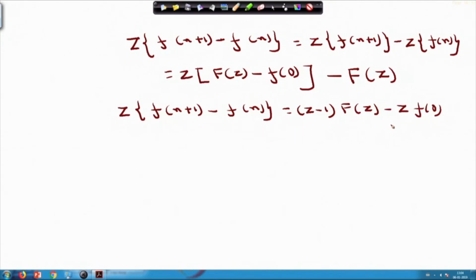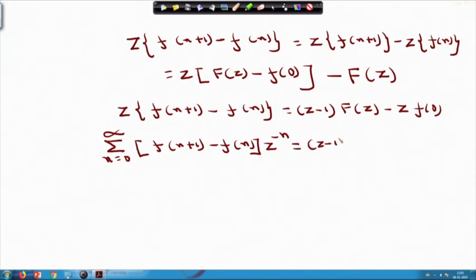Now, from here, if I take the summation n equals 0 to infinity of f of n plus 1 minus f n into z to the power minus n, that is the Z transform of f of n plus 1 minus f n, which I am writing using the definition, this is equal to z minus 1 into F of z minus z into f of 0.